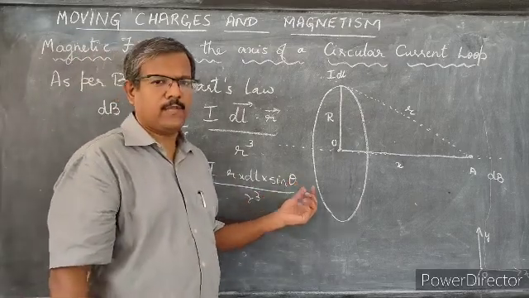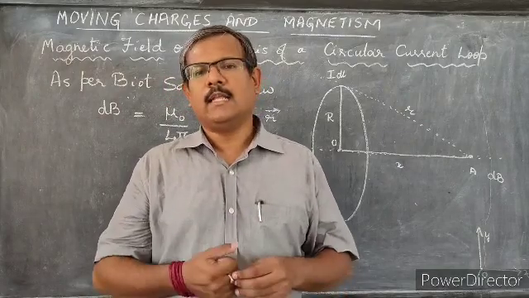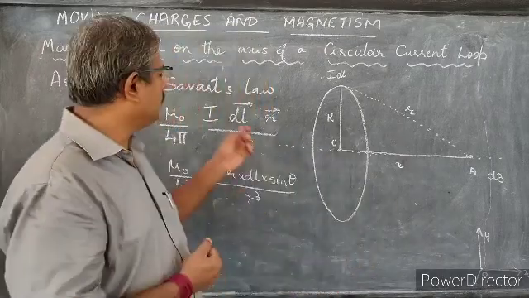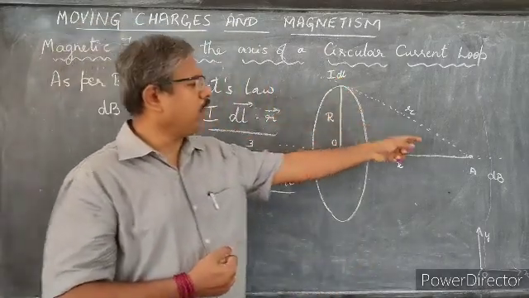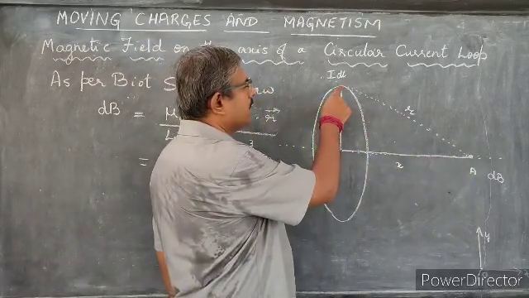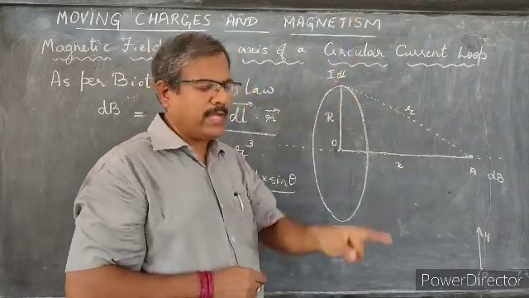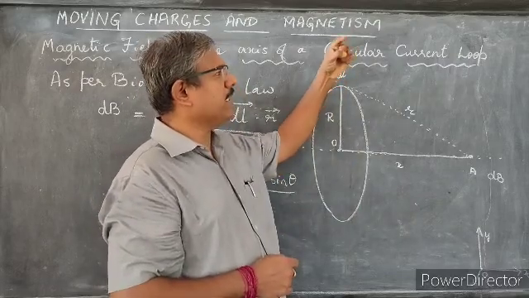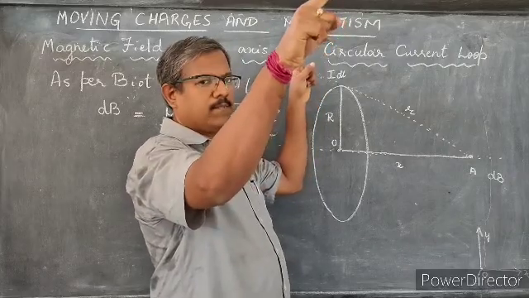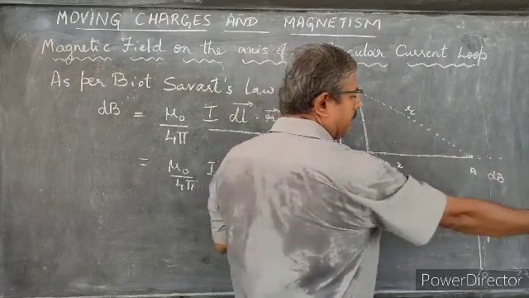Now what is theta? If you recall from the Biot-Savart law that we discussed last time, theta was the angle between the tangent to the current element and the line to the point of interest. If you closely observe, this current element is in the YZ plane, so the tangent is coming out of the board, whereas the point of interest is in the XY plane, somewhere on the board.